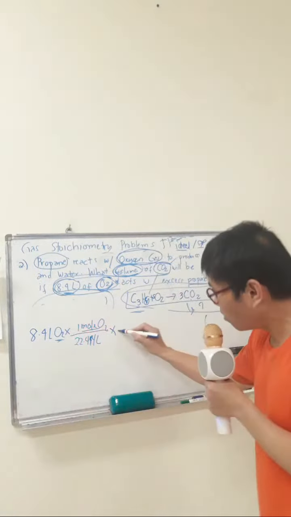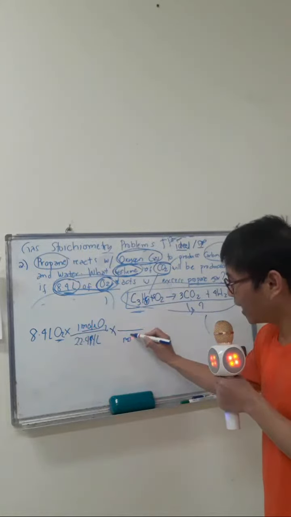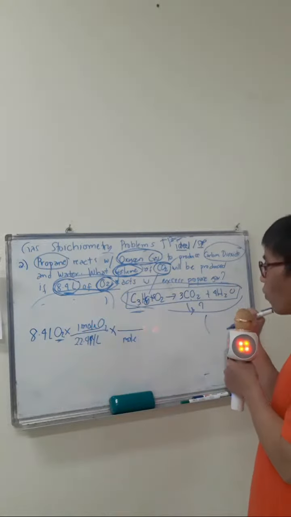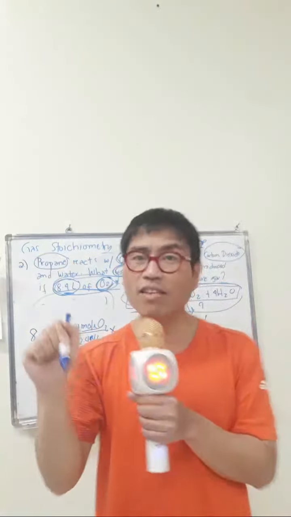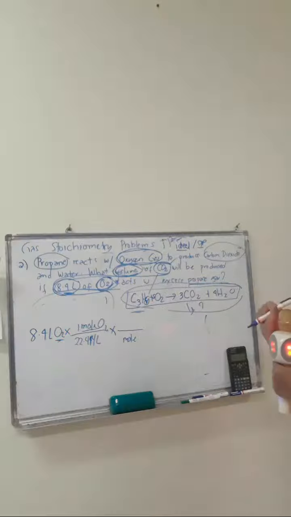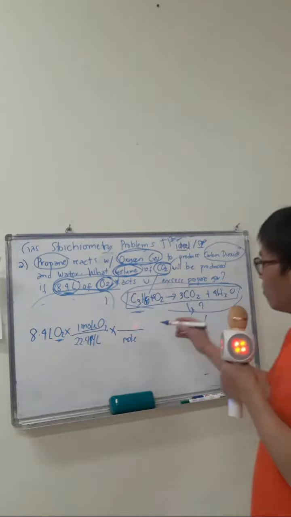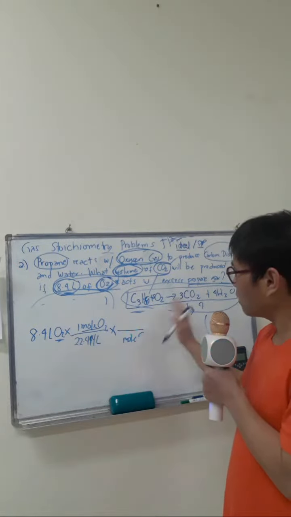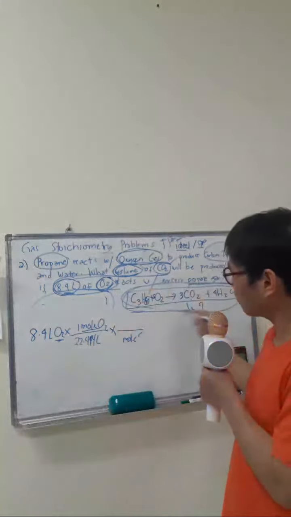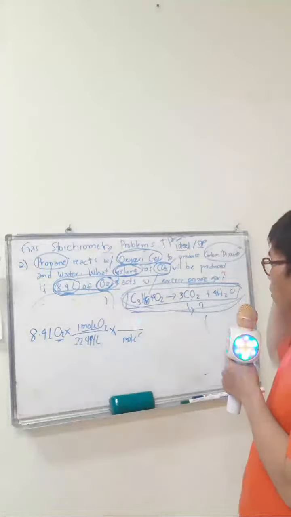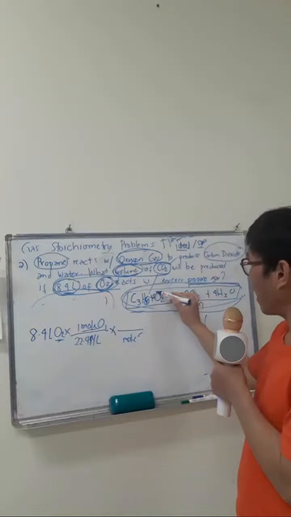Okay, mole. But this time, it's the CO2 already because you need to find the CO2 properties or the volume. So moles of CO2, and then we look at that stoichiometric relationship. How many moles of oxygen gas? 5.